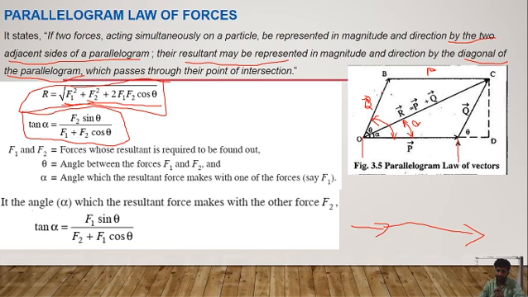Suppose we need the angle made with F2. Either we can subtract alpha from theta, or we can use another equation where all F2 will be replaced by F1 and all F1 will be replaced by F2. That will give the angle made with the force F2. Initially it was made with F1, now it is made with F2.